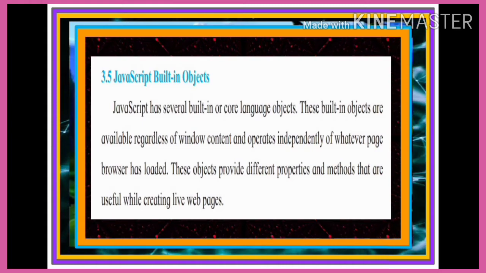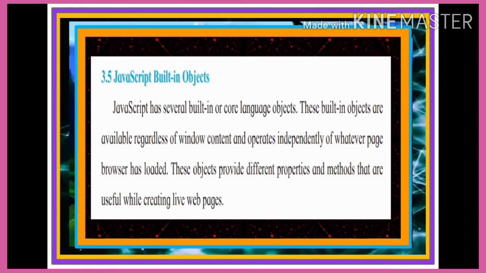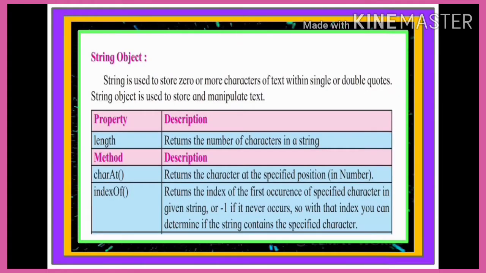These objects provide different properties and methods that are useful while creating live web pages. Let's see first built-in object, string object. String is used to store 0 or more characters of text within single or double quotes. String object is used to store and manipulate text.